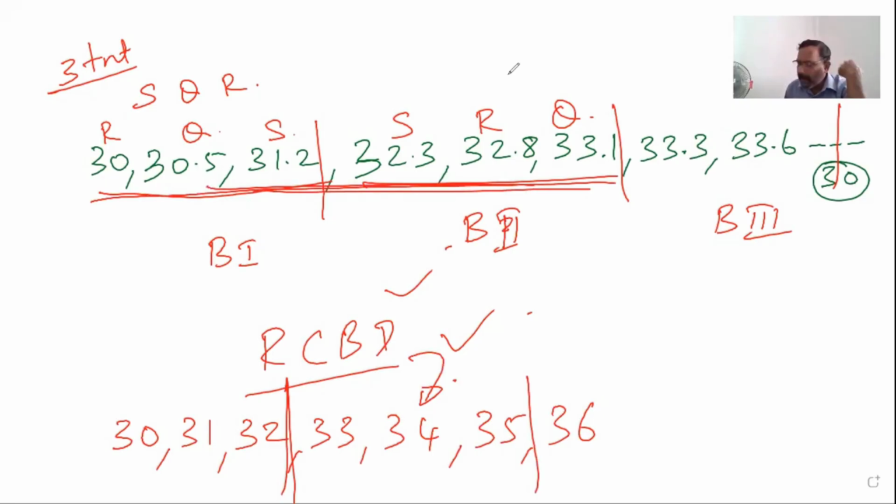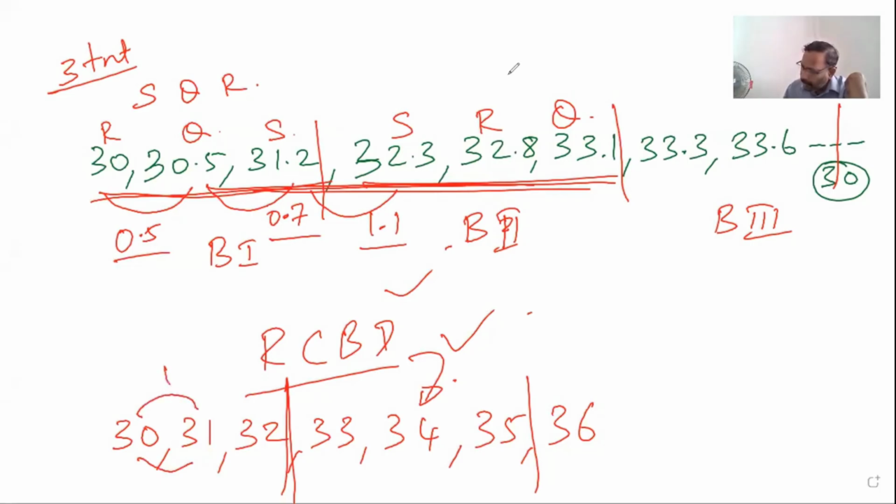Not really, because the difference between here is 0.5. Difference between here is 0.7. Difference between here is 1.1. You see, these differences are not uniform. Here, what about differences?